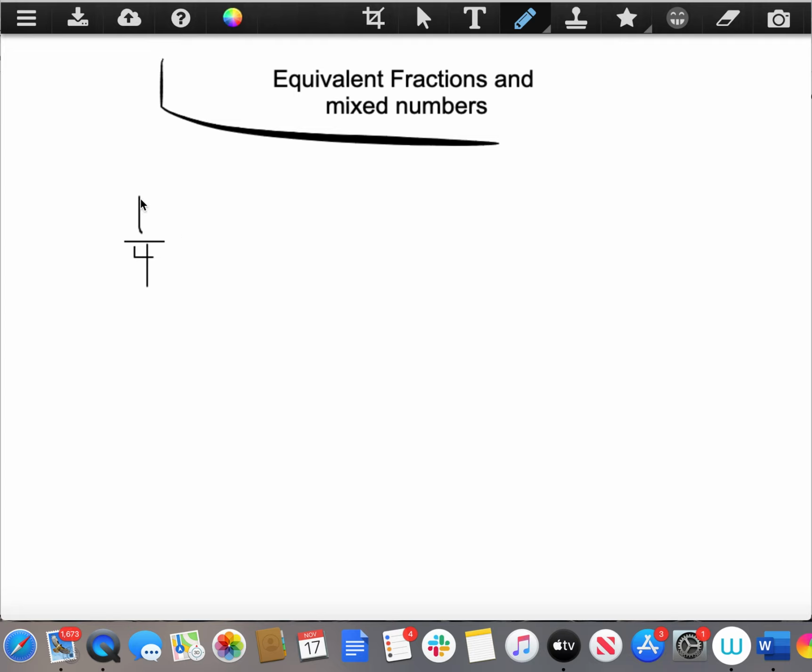First of all, we can always take the numerator, top number, and the bottom denominator and multiply them by the same number to create an equivalent fraction. So, if I take 1/4 and I multiply both the top numerator and the bottom denominator by 2, I get 2/8. These are equivalent fractions.